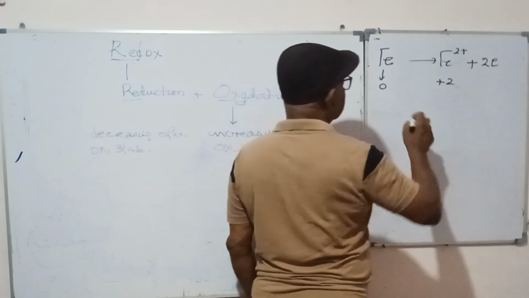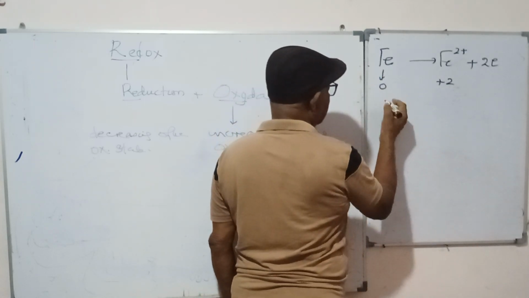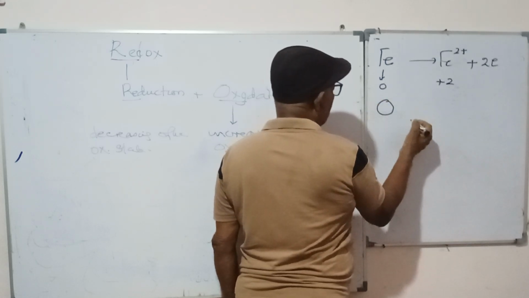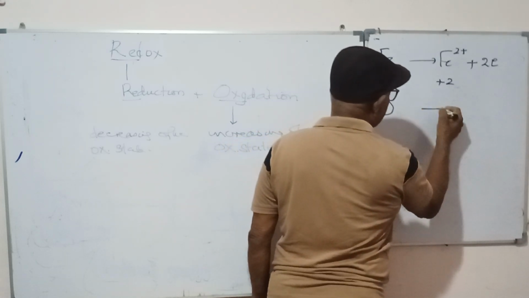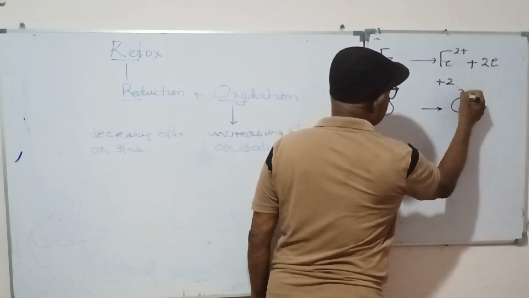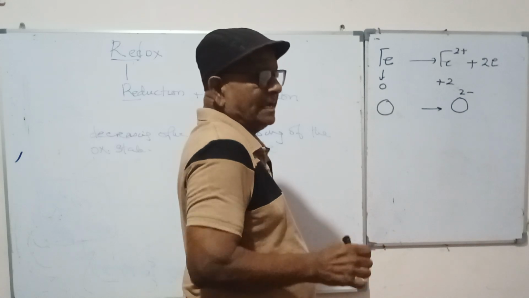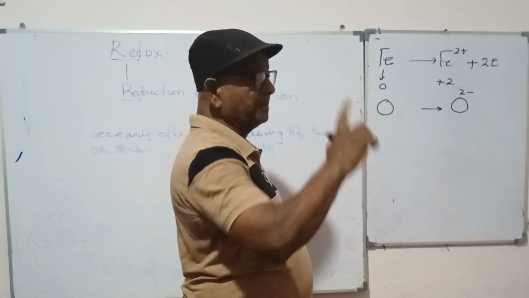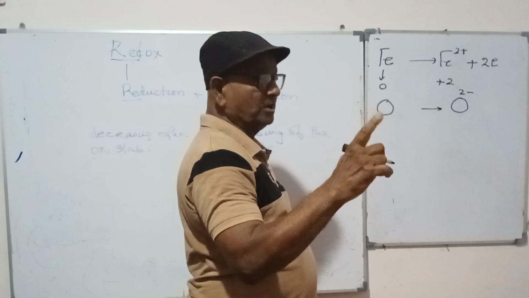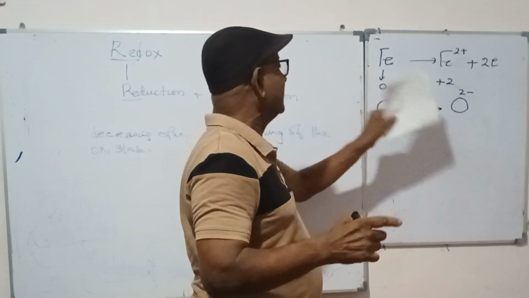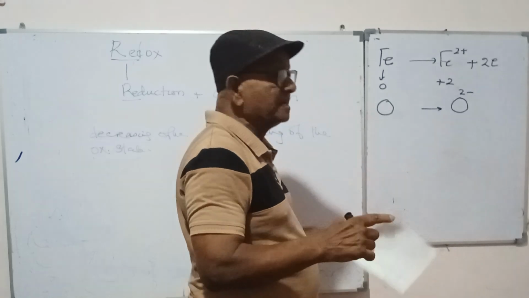Then see here, similarly, O becomes O2 minus, the oxide ion. It gains 2 electrons. During my previous lessons, I explained why some elements remove electrons and some elements gain electrons.